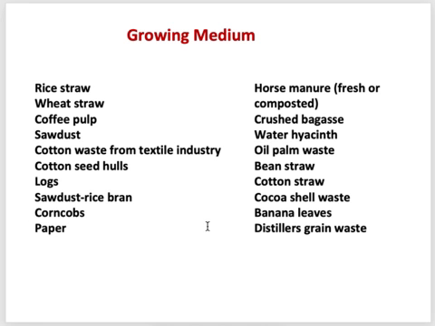This slide shows some examples of substrates which provide a solid surface for solid surface fermentation, such as rice straw, corn, wheat straw, and wood logs.